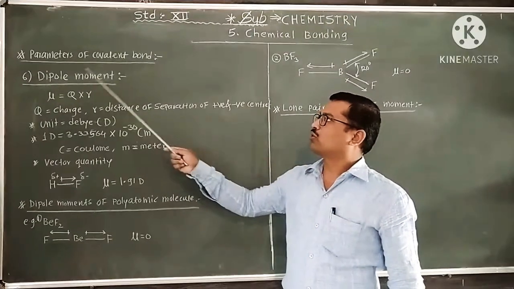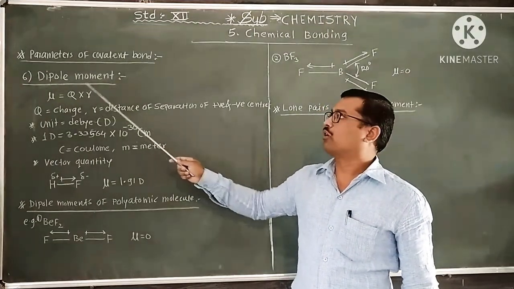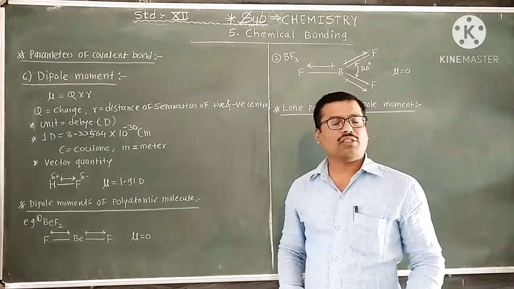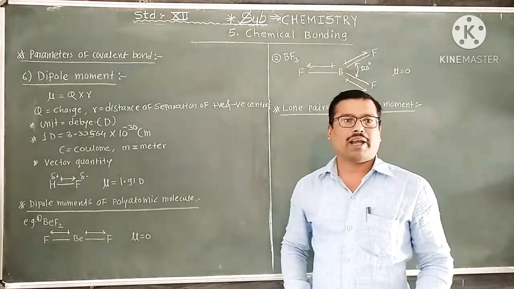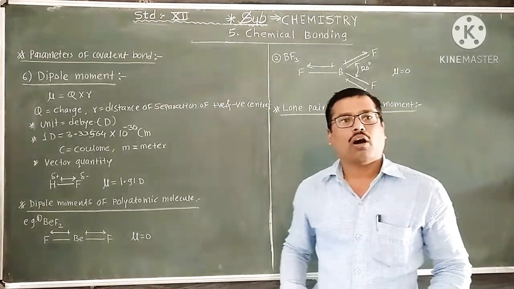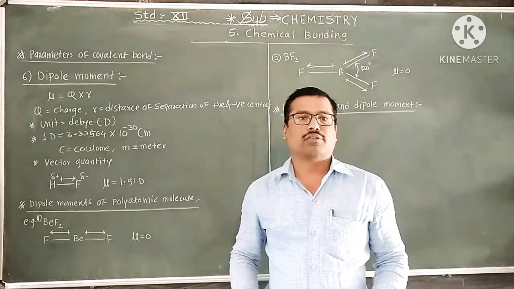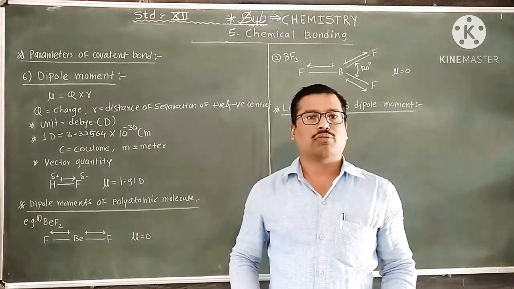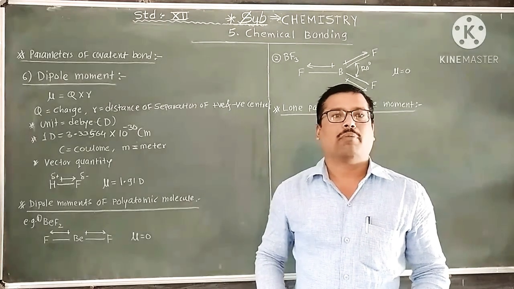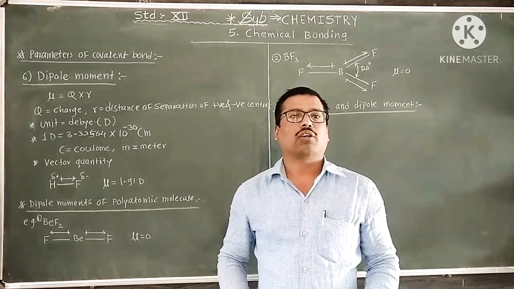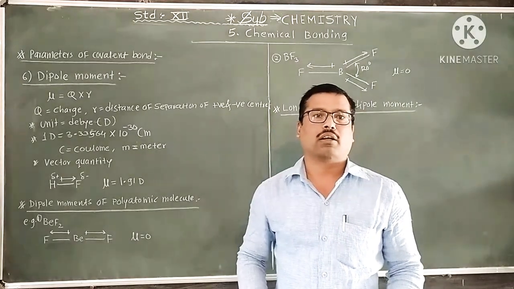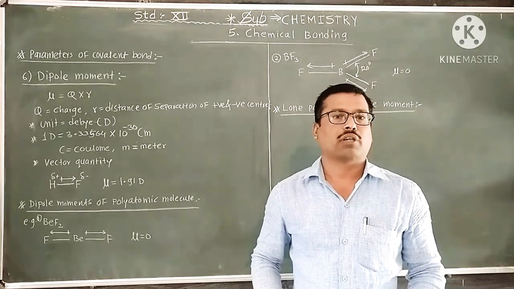One parameter of the covalent bond is the dipole moment. Here the definition of the dipole moment: it is defined as the product of the magnitude of charge and the distance between the centers of positive and negative charge.